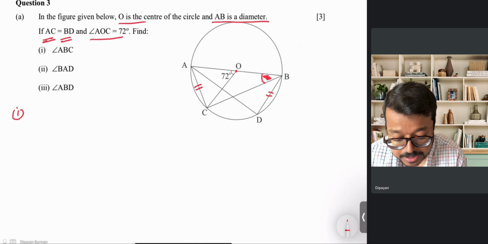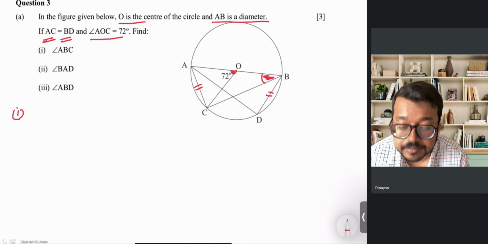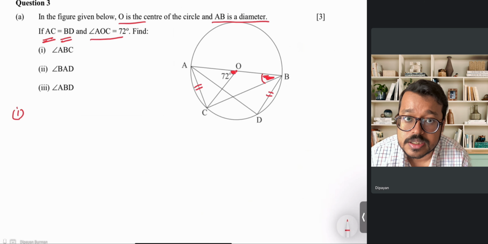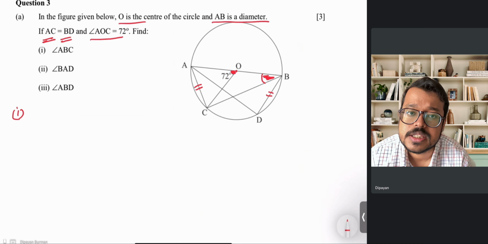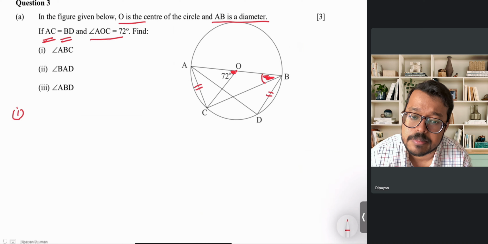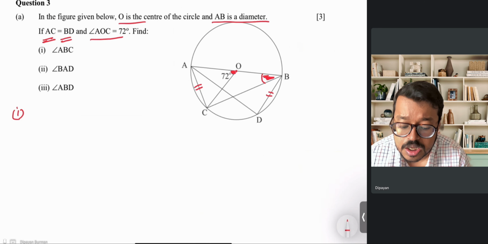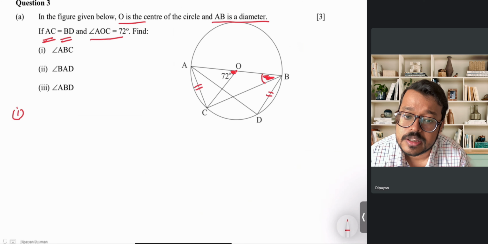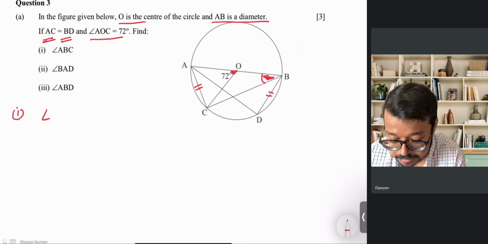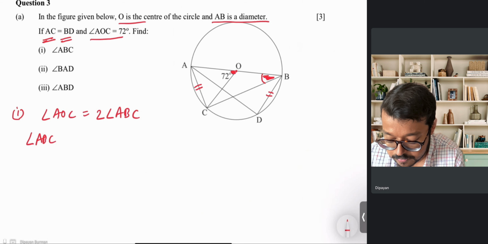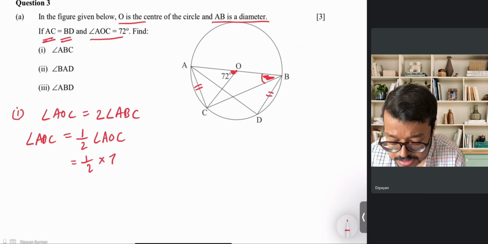So if I compare angle AOC and ABC, angle AOC is the angle subtended by arc AC at the center, and ABC is the angle subtended by the same arc at the remaining part of the circle. So the angle at the center will be double the angle at the remaining part. So I can say that angle AOC will be 2 times of angle ABC, or I can say angle ABC will be half of angle AOC, which is half of 72 degree, which is 36 degree.